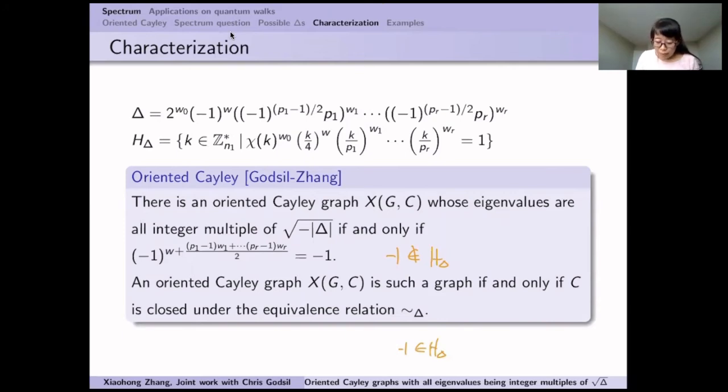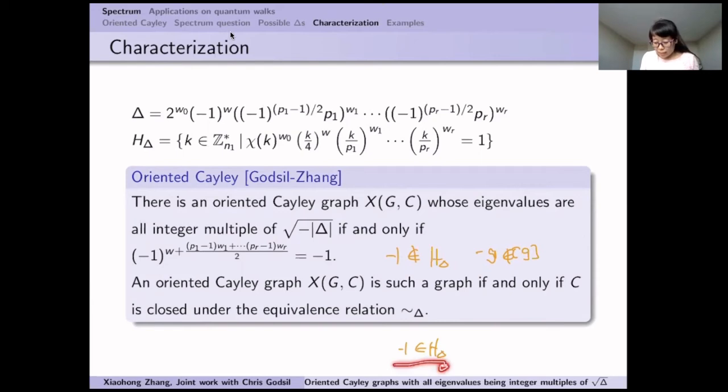What does this mean? If we consider the equivalence class that contains element g, -1 is not there to multiply g to get its negative. So its negative is not in the equivalence class. That's how we can make sure C and -C are disjoint, to get an oriented graph.